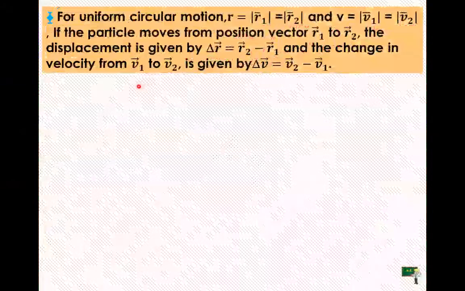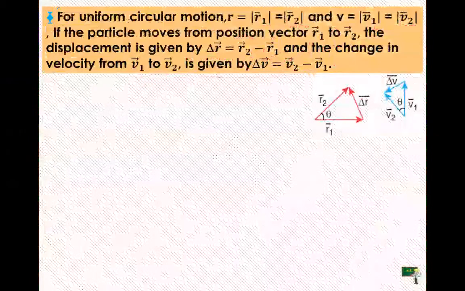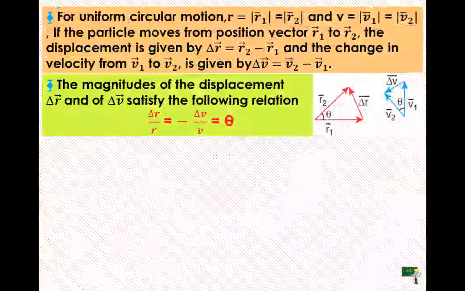The change in velocity from v1 to v2 is given by del v is equal to final velocity v2 minus initial velocity v1. See, there is a change in velocity and a change in radius. And finally, we get the del r vector and del v vector.